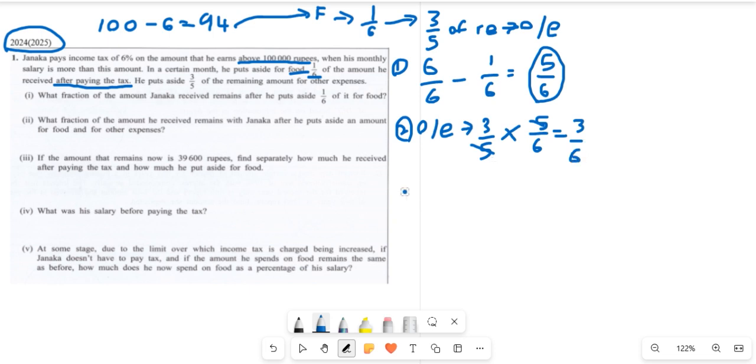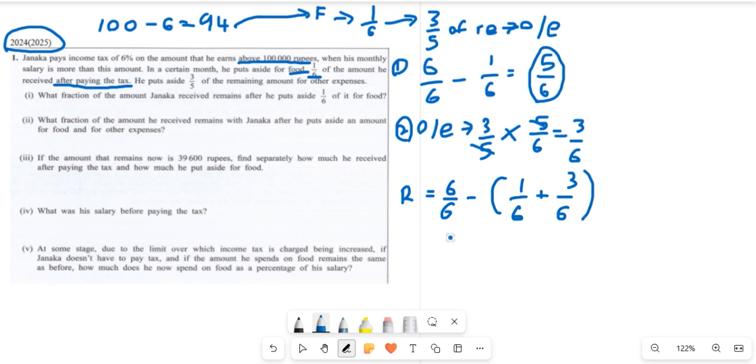So they are asking for the remaining amount after the food expense and the other expense. If we have the whole part, from that we have to subtract the food, 1/6, and the other expenses, 3/6.